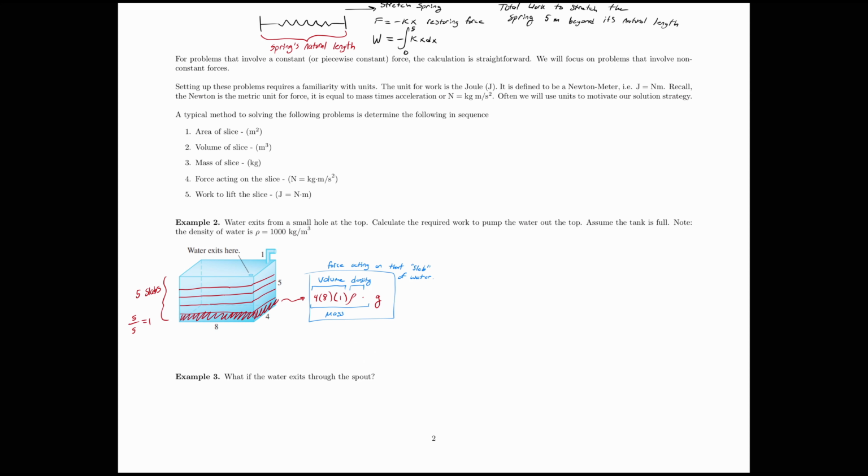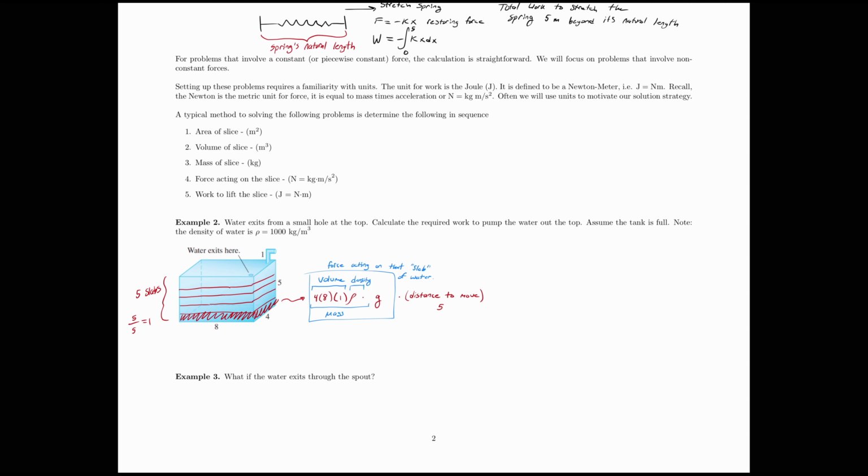So now to figure out the work, we would multiply this by the distance that we want to move it. Well, we could treat that to be 5, for instance, since we're considering the bottom slab.